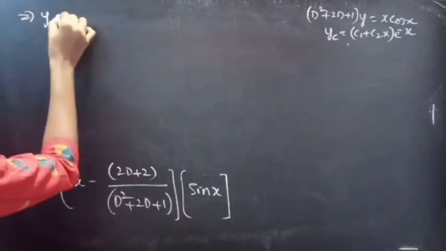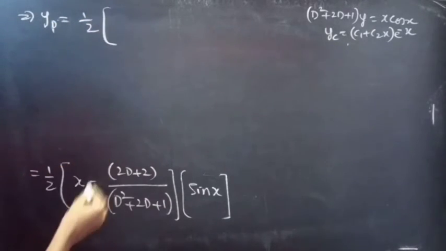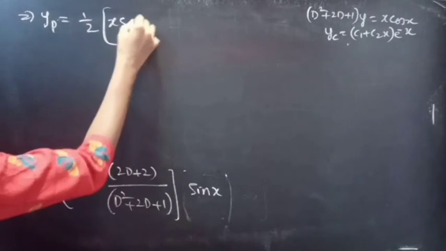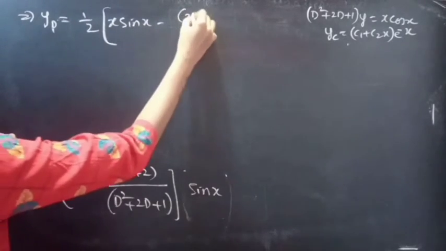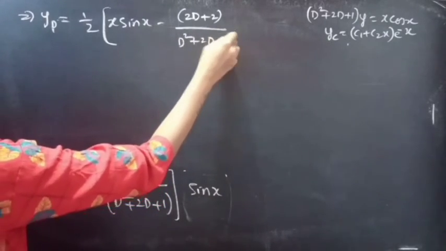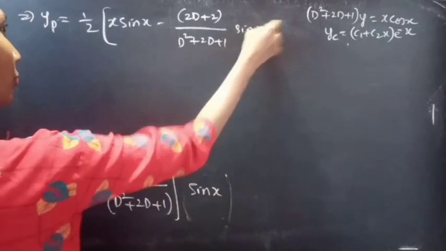This becomes 1/2 into x sin x minus (2D plus 2)/(D² plus 2D plus 1) into sin x.